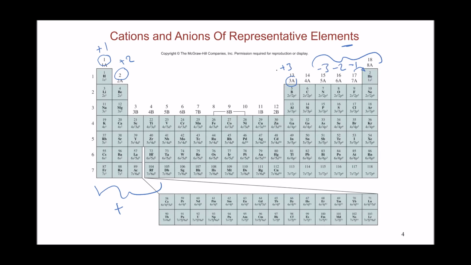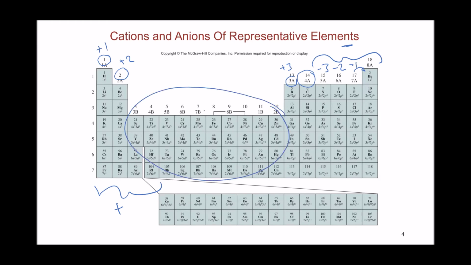3 electrons. Group 4 usually doesn't like to either gain or lose. It usually gets into covalent bonding, which doesn't involve any gaining or losing of electrons. Okay, and we'll explain this later on.